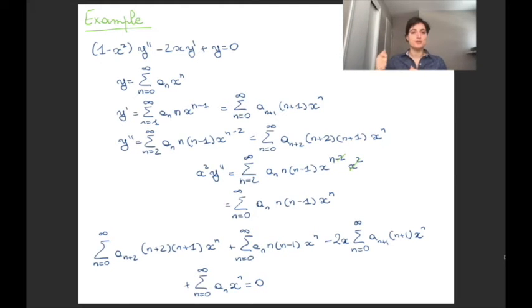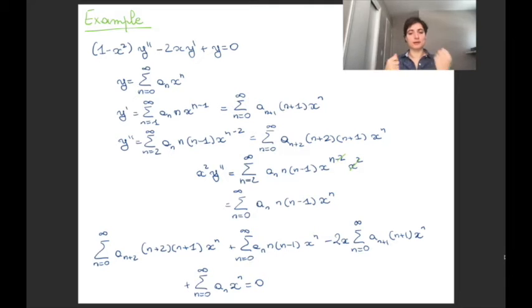Then we have minus 2x multiplied by y'. Minus 2x y' is a sum from n equal to 0 to infinity of minus 2 (n plus 1) a_{n+1} x to the n plus 1. And then we just have y, that is the sum from n equal to 0 to infinity of a_n x to the n.